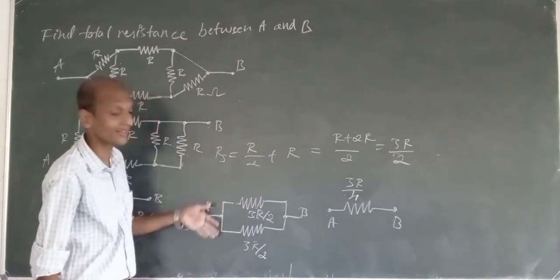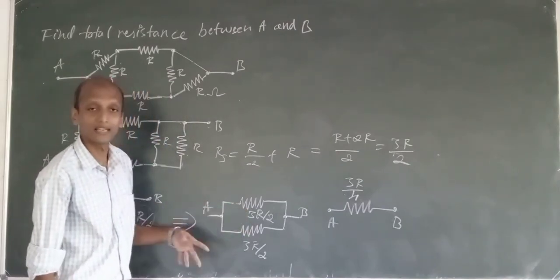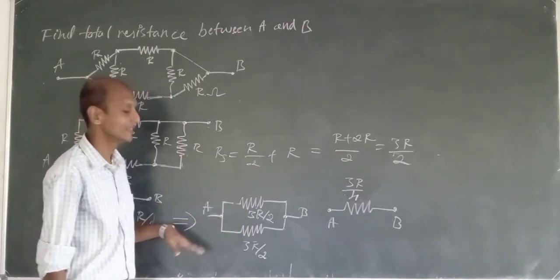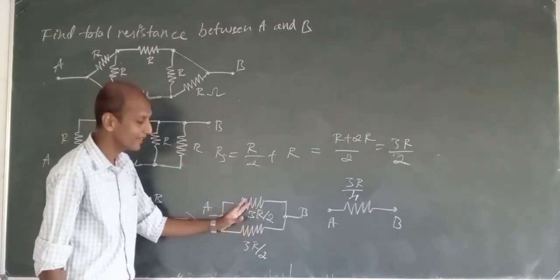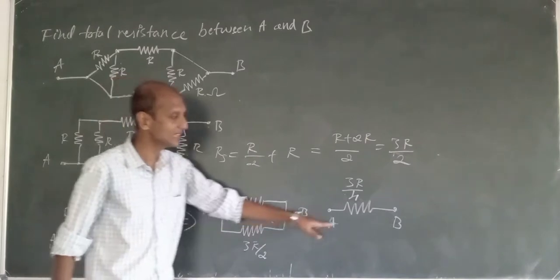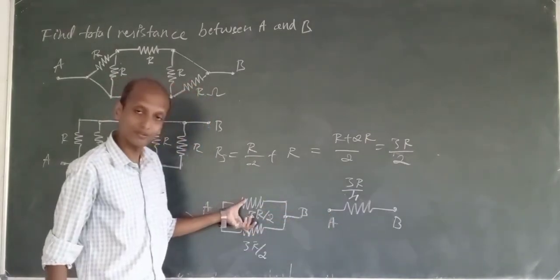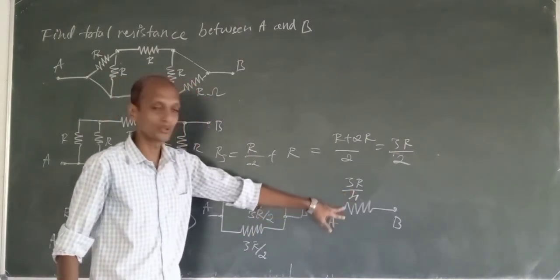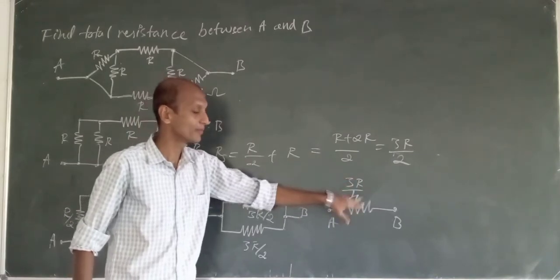So looking at the diagram only, you can see whether they are in series or parallel, isn't it? Yes. So now these two are in parallel, and again I can go for further simplification of this network. When I solve this, the total resistance is 3R by 4.